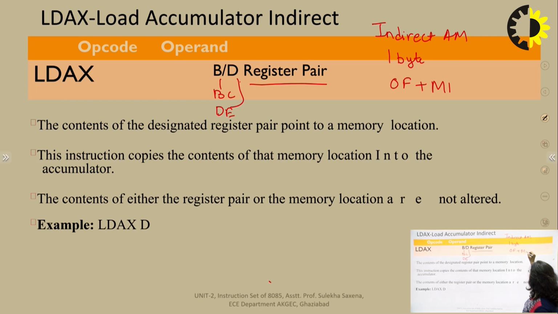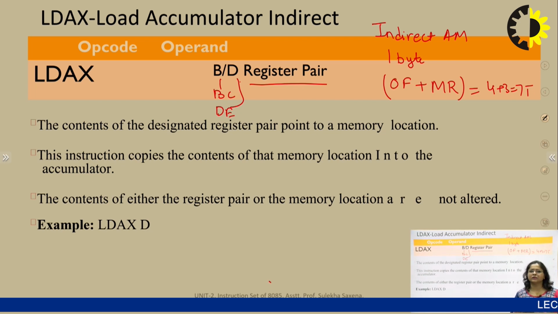So one read cycle is required to read data from the address specified in the DE pair. That is one memory read, and we just copy it to the accumulator. So no extra cycle is required. So the total T state is 4 plus 3, which is 7 T states. I hope this is clear to all of you.